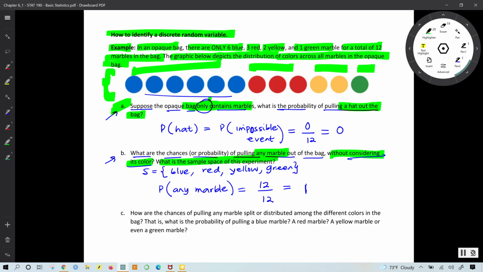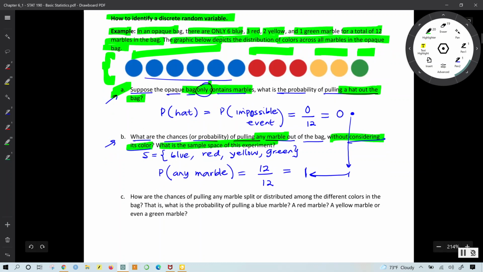So in this case, we have looked at the worst case scenario, the probability of pulling a hat, an impossible event, up to the probability of pulling any marble. Since the bag only contains marbles, definitely this is going to be 1. It's a certain event that we can pull a marble out of the bag. Recall that this illustrates that every probability value should lie between it will never occur and it will surely occur.